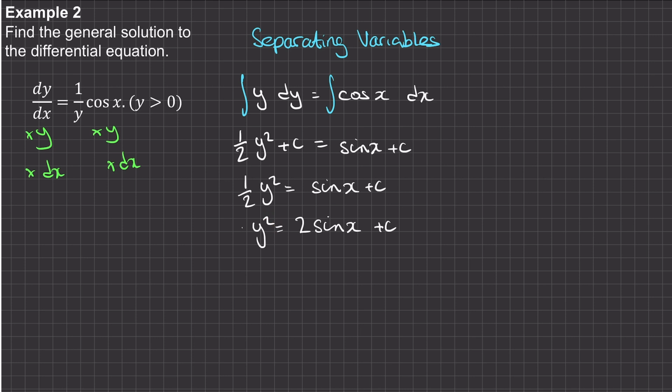So I'll take the square root of both sides. So y is equal to the square root of 2 sine x plus a constant term. And it's not plus or minus because we're told that y has to be greater than 0. So this is just a positive. Okay, let's try one more example.